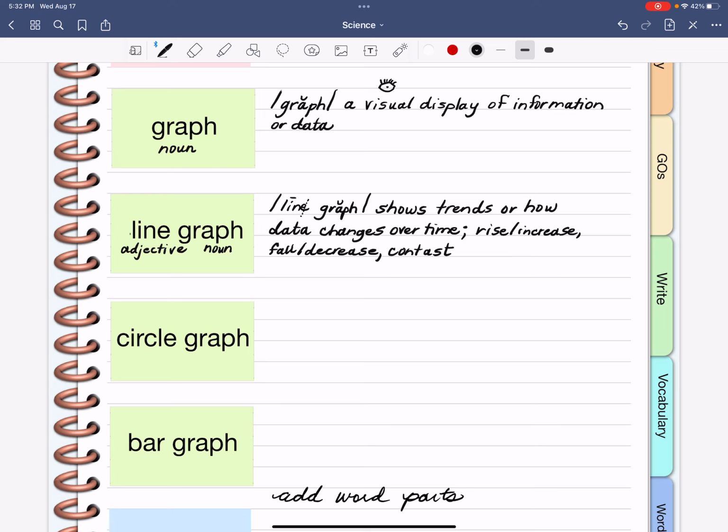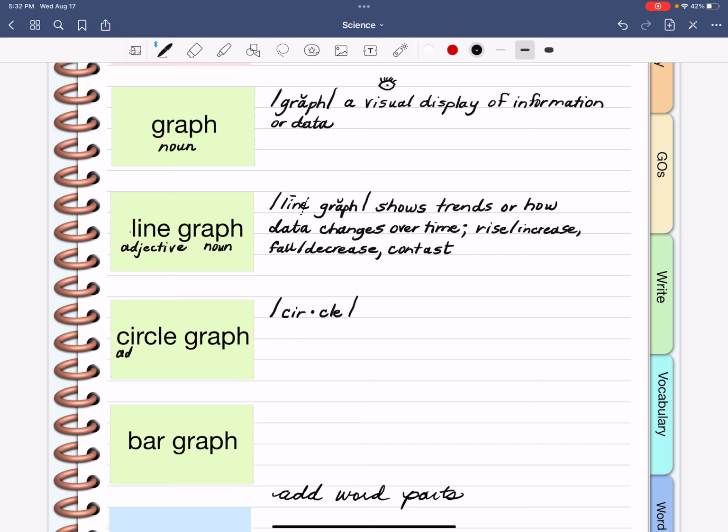The next term is circle graph. So we have cir, that's an R-controlled syllable, cle, circle, and then of course graph. I think we've got that under control. But adjective is the circle part, tells what kind.